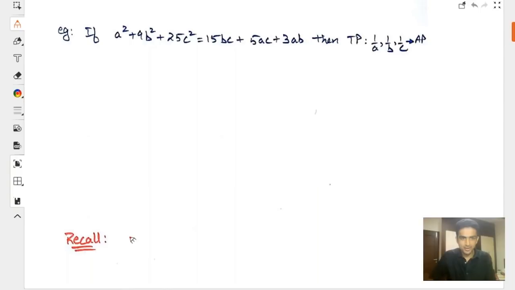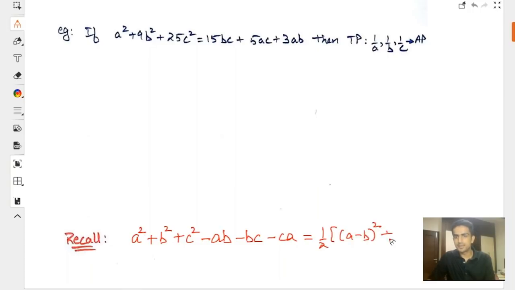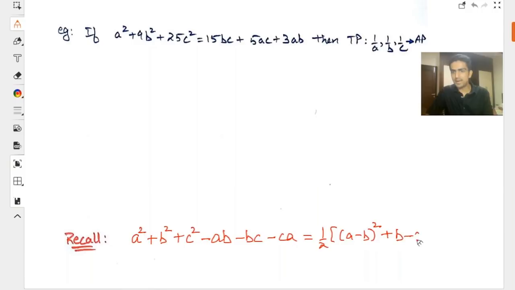Guys, let me recall one of the very basic identities. a square plus b square plus c square minus ab minus bc minus ca is equal to half times (a minus b) whole square plus (b minus c) whole square plus (c minus a) whole square.